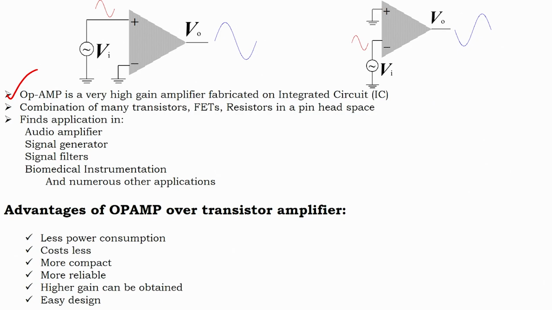Then what are the applications of operational amplifiers? It can be used as an audio amplifier, a signal generator, a signal filter, in biomedical instrumentation, and numerous other applications. We will see how it can be used as a signal generator, and filters we can design using op-amp, and we will take an example also.